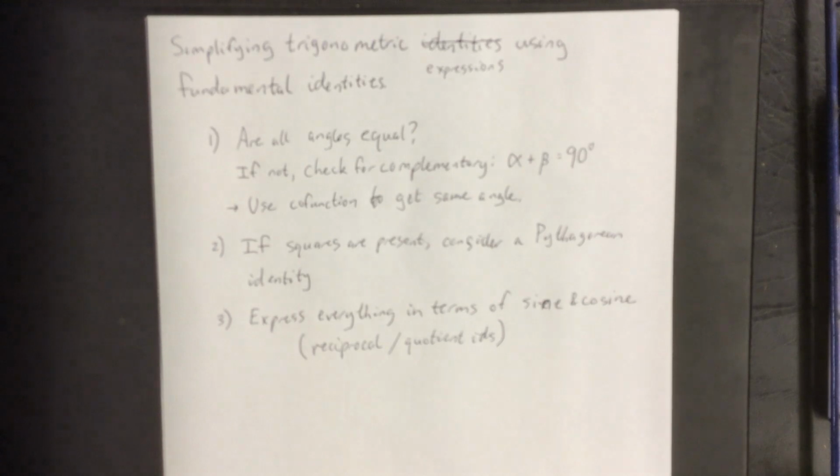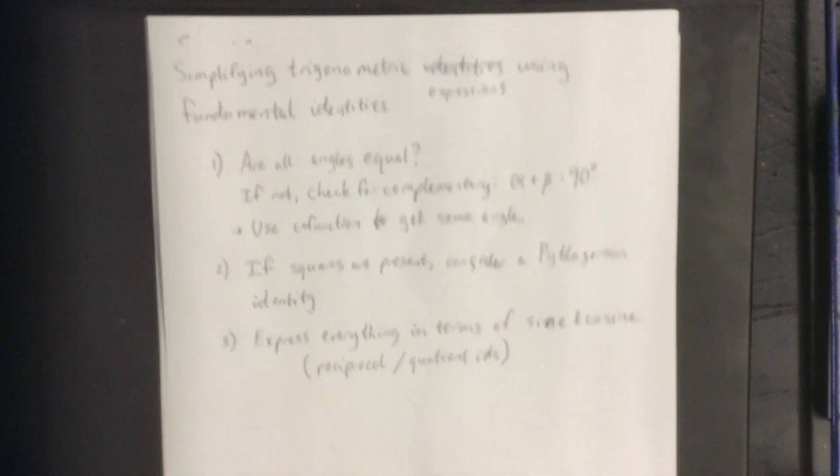Now, once you do that, you'll be making use of algebra to attempt to simplify everything else. So with that in mind, let's take a look at some actual examples of simplifying trigonometric expressions.